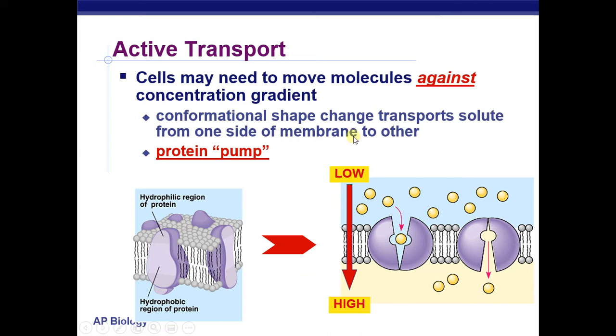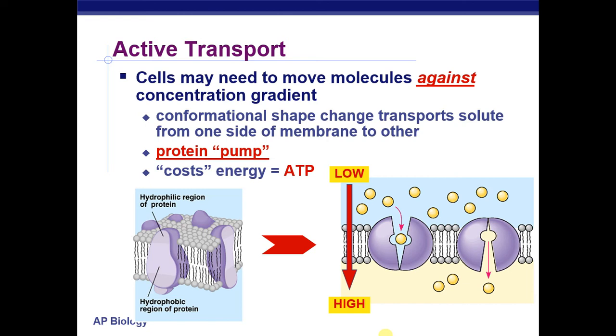So moving something from low to high requires the expenditure of energy because it's opposite the direction it'll naturally want to go through diffusion. And usually special transport proteins that pump or push those substances from low to high are needed, protein pumps, to accomplish active transport.